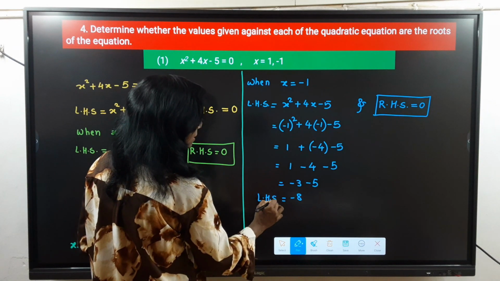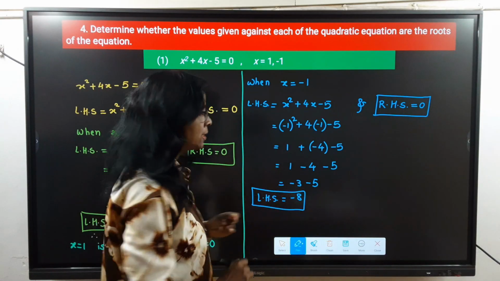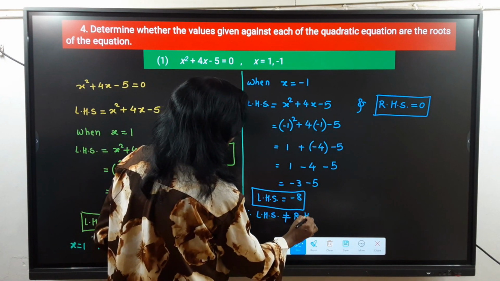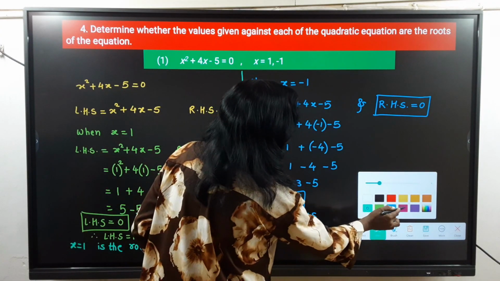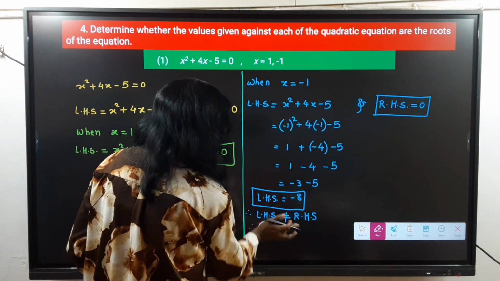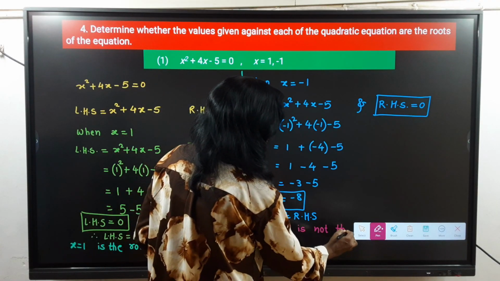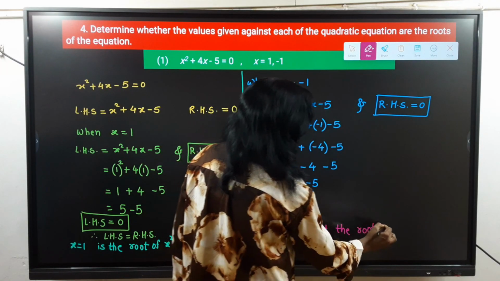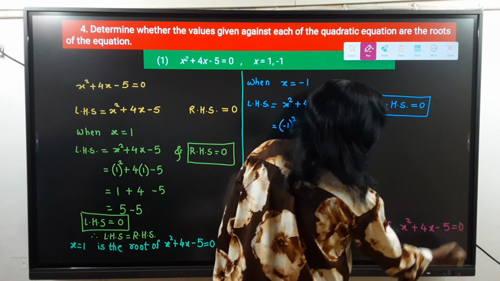So here LHS is equal to minus 8 and RHS is equal to 0. Therefore LHS is not equal to RHS, and finally we say that x is equal to minus 1 is not a root of x square plus 4x minus 5 is equal to 0.